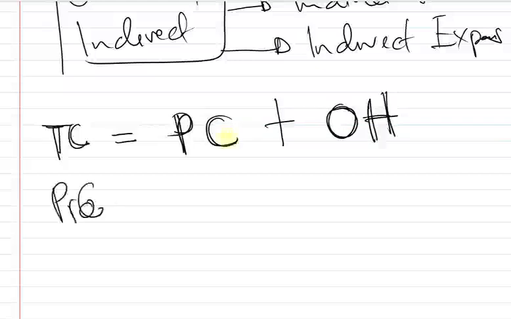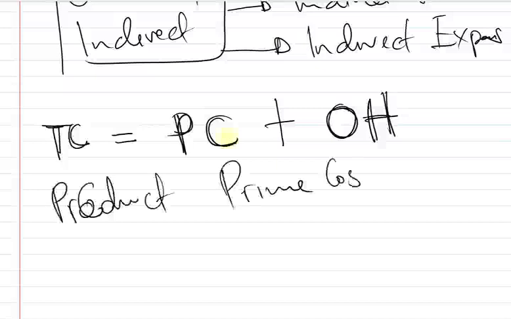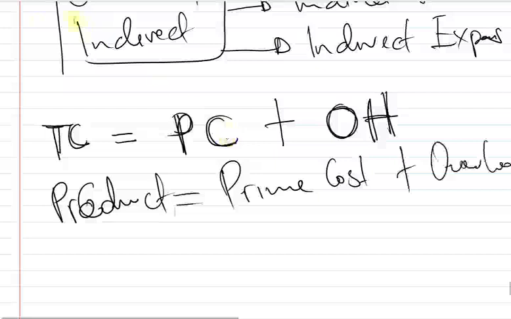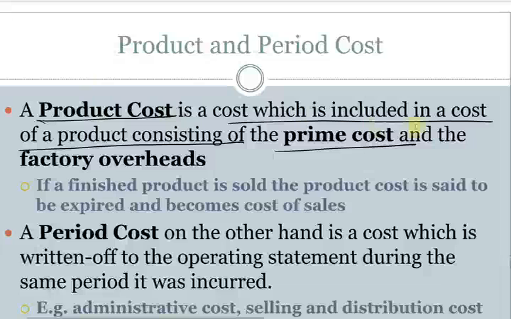Product cost is prime cost, all the direct costs, plus overheads. It's something that you just have to know, have an idea. That's the formula for product cost. Product cost will only be included as an expense in the financial statement when you actually sell them.